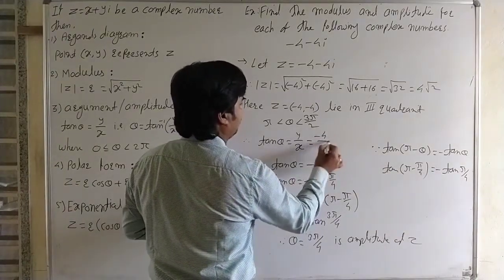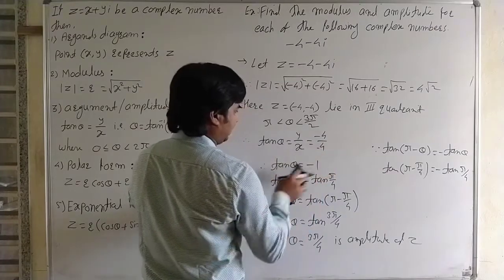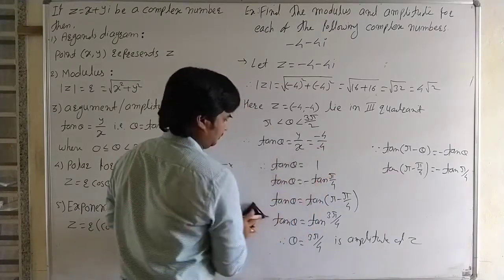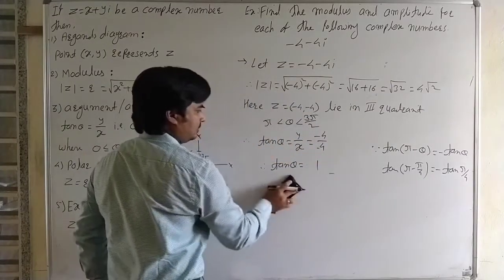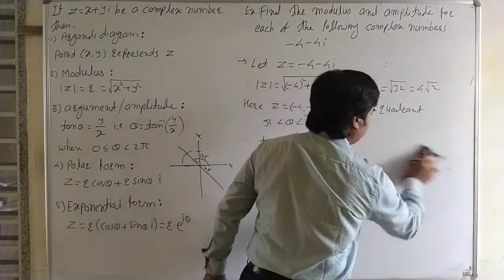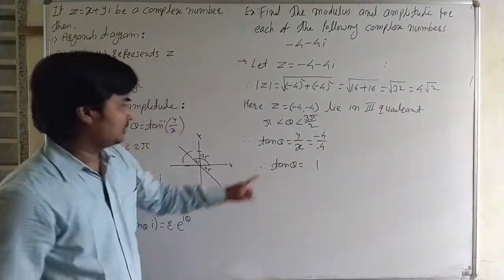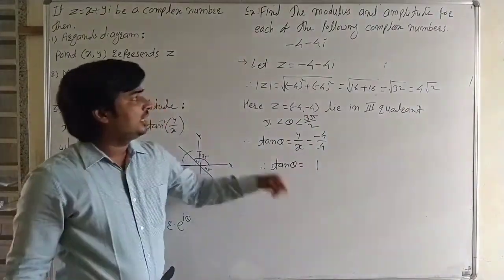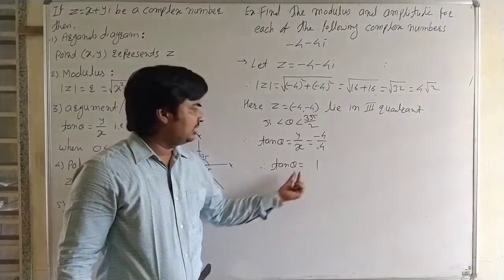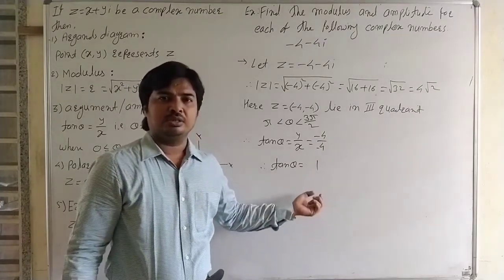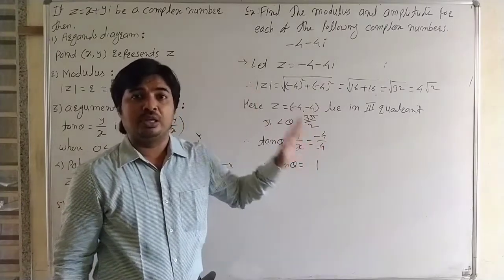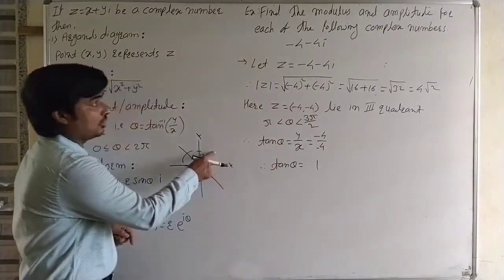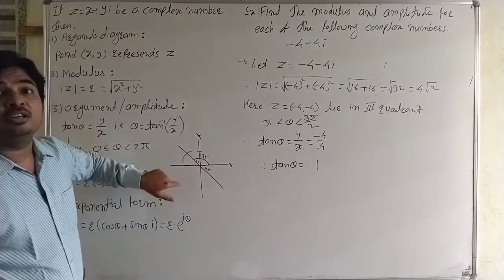Again it is -4 by -4, and then it is +1. See carefully. Now it is +1, so we can directly write tan θ = 1. Tan θ = 1 means θ = tan⁻¹(1), that is π/4, 45 degrees. But 45 degrees lies in the first quadrant, while our point is in the third quadrant.